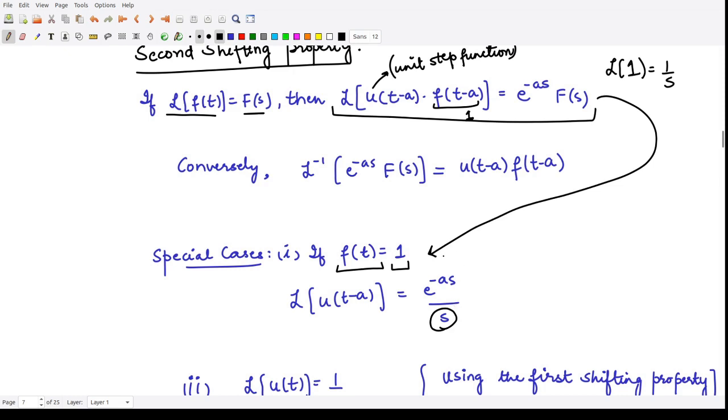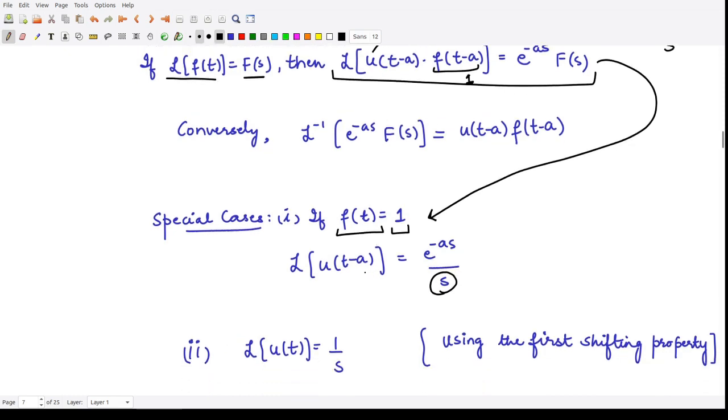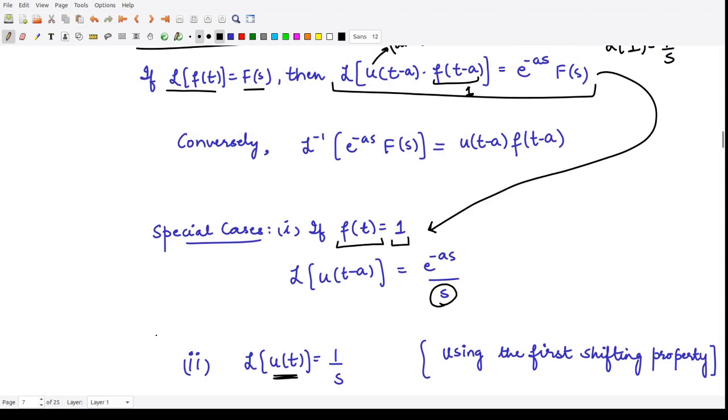And if you wanted to calculate the Laplace transform of u of t, what would that be? That means a is equal to 0 and the function f of t is equal to 1 in this expression. So e to the power minus 0 is 1, and what is F of s?